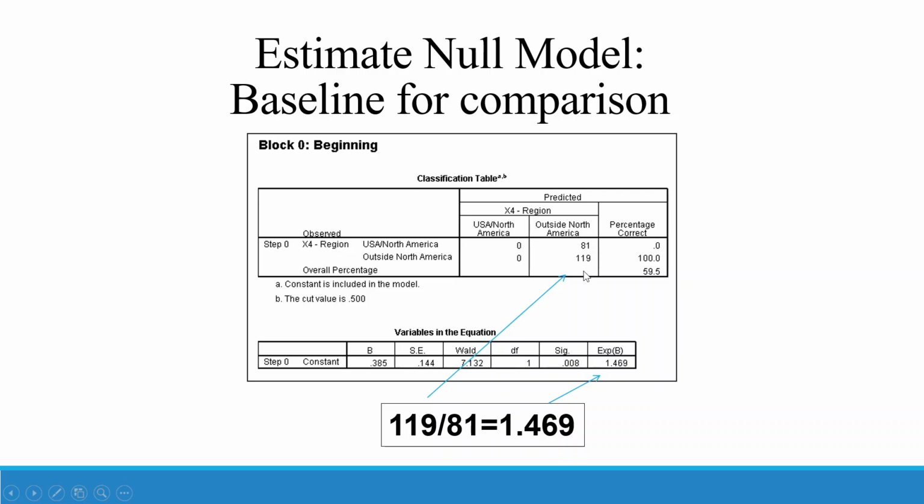If you take the ratio of 119 divided by 81, you will get 1.469. And the classification accuracy is 59.5. Now, when we insert the predictor variables in our model, it is necessary that our classification accuracy goes above 59.5. It should always be better than the null model.